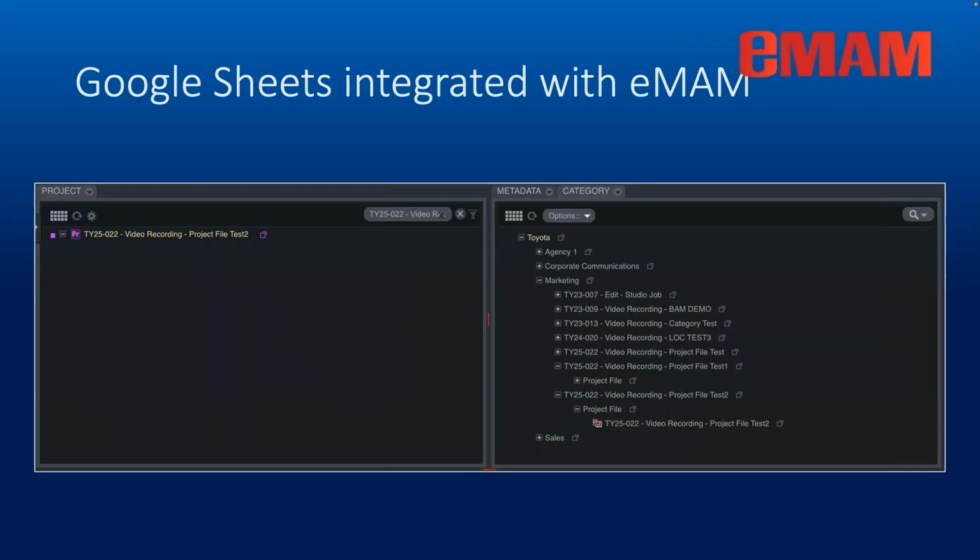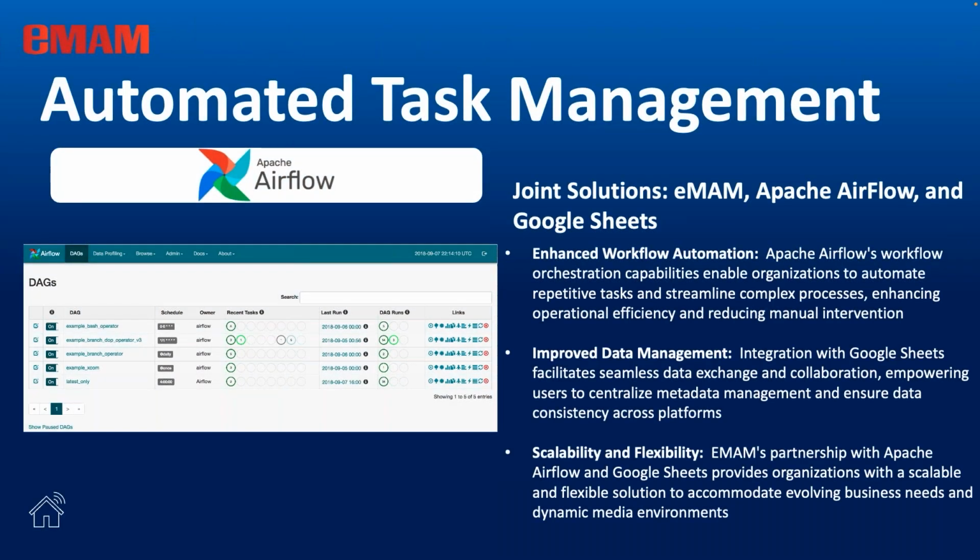Okay, there's another product we've been using, Apache Airflow. And through Google Sheets as well with this, there are these DAGs that are created through Apache Airflow. Airflow is a product that basically takes something and converts it to something that eMAM can read. So we pass it through Airflow.